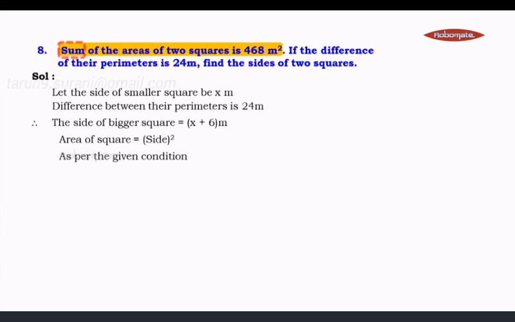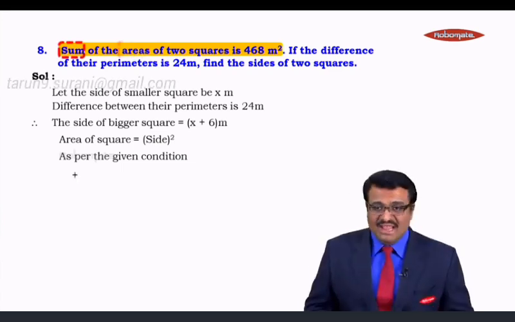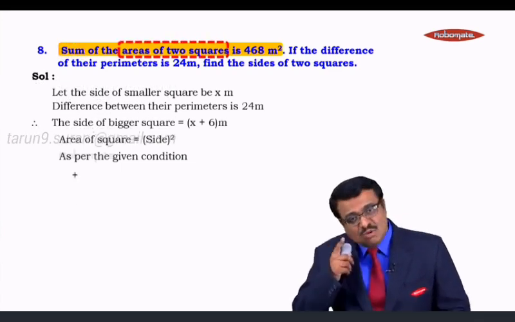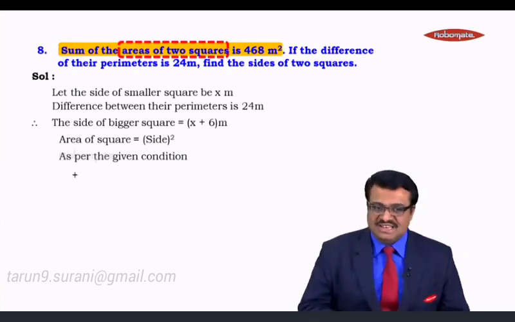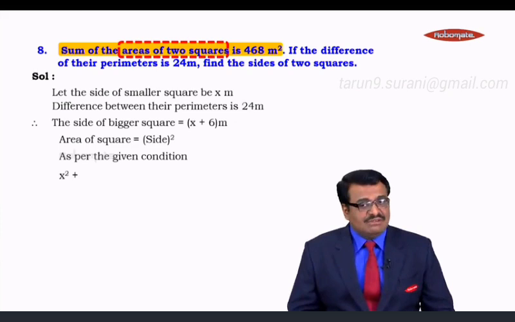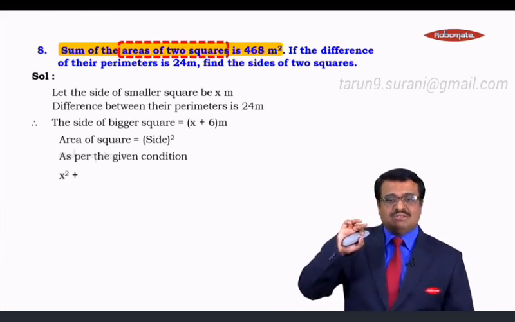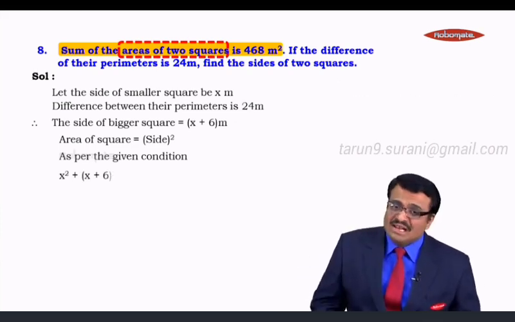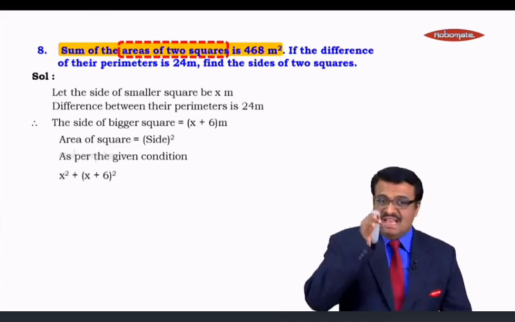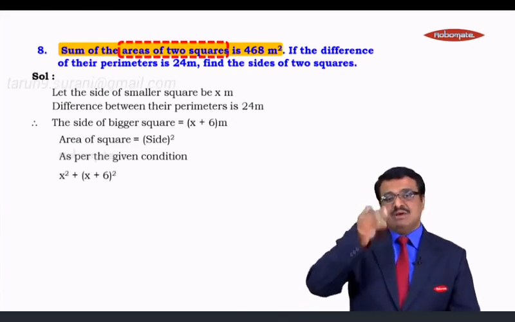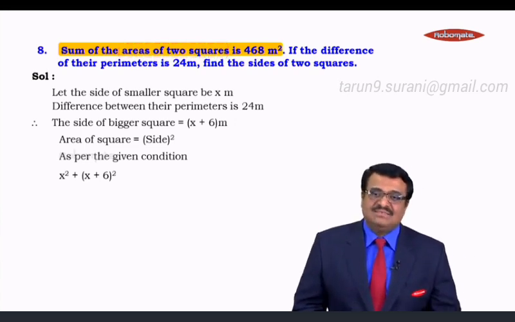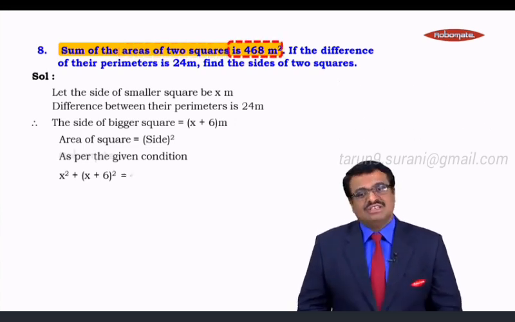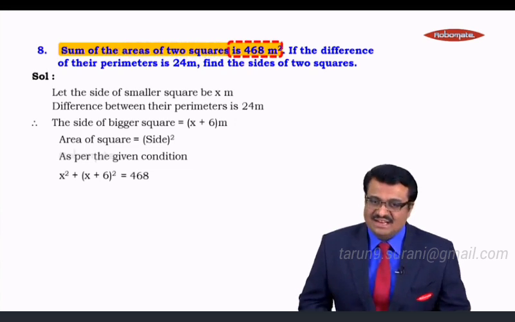So, area of the smaller square plus the area of the bigger square is equal to 468. Side of the smaller square is x, so its area will be x square. Similarly, side of the bigger square is x plus 6, so its area will be x plus 6 the whole square, and the sum of the two areas is equal to 468, that is the equation.